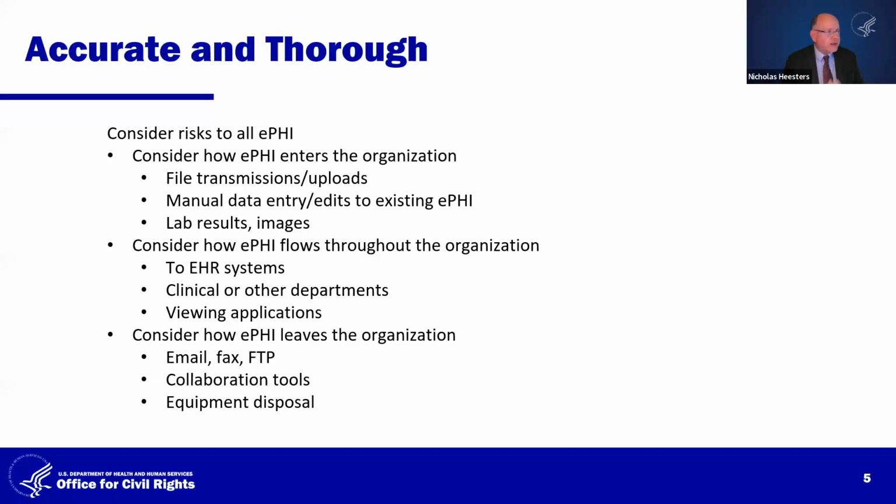So consider how ePHI comes into the organization, whether that's through file transfers or uploads, whether there's some type of manual data entry by employees or maybe even patients into a patient portal to create ePHI, whether there are incoming fax results or other lab results through some kind of API interface into the organization.